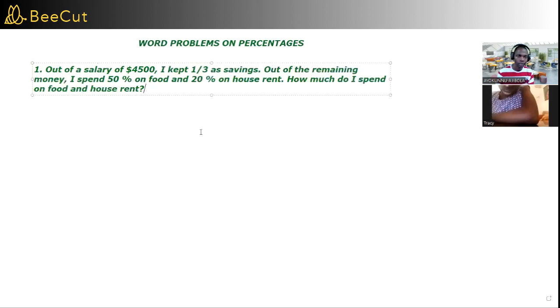Out of the remaining money, I spent 50% on food and 20% on house rent. How much do I spend on food and house rent? So work that out and tell me your answer. You have 5 minutes.